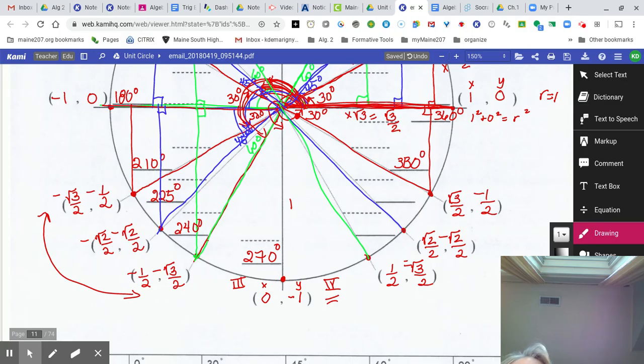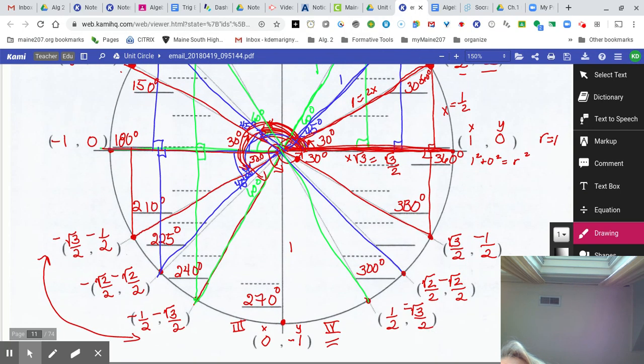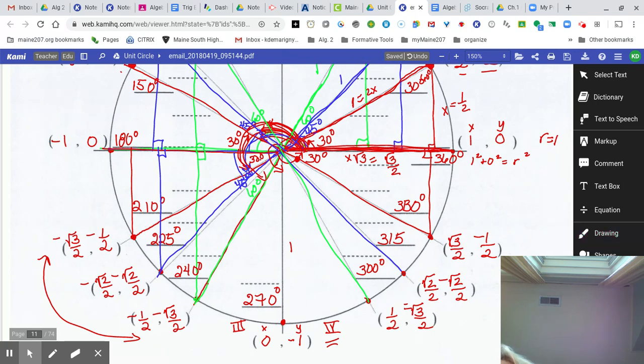I've moved in 30 degrees. So this one is a 300. This one moves 15 more. So this one is 315. The next one is 330. And then all the way around the circle stops at 360.